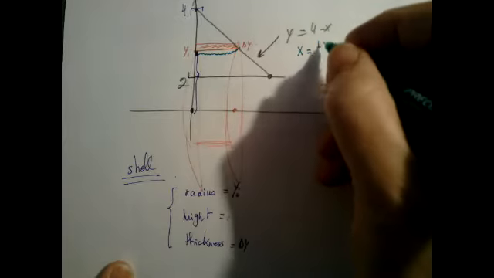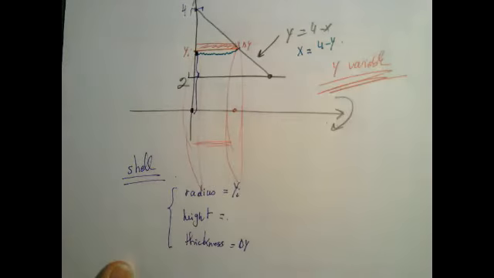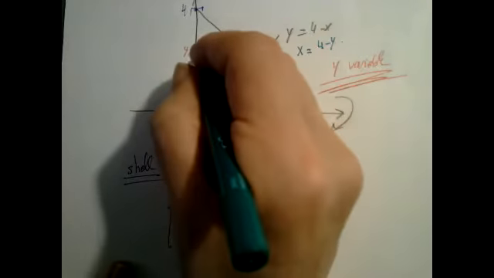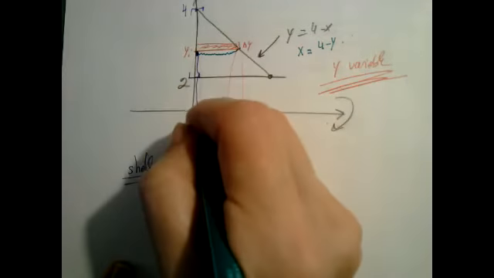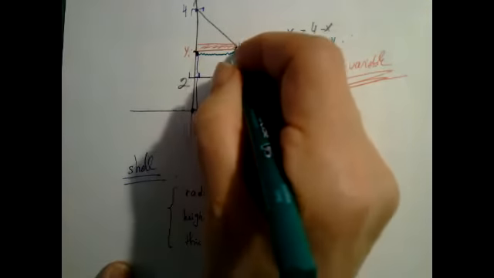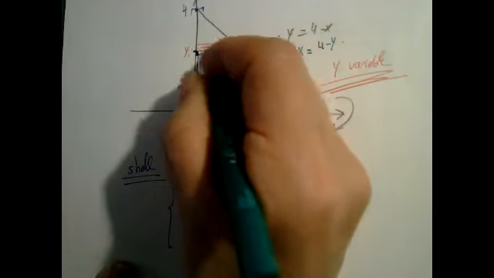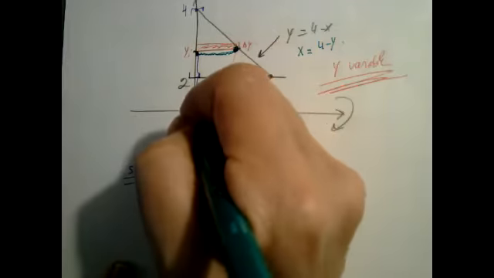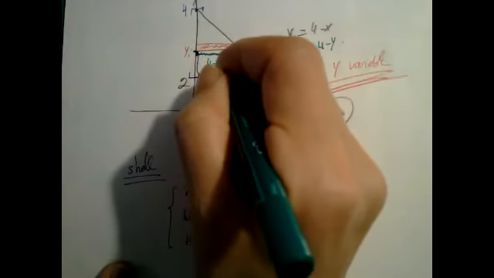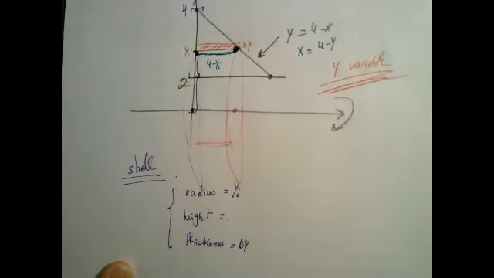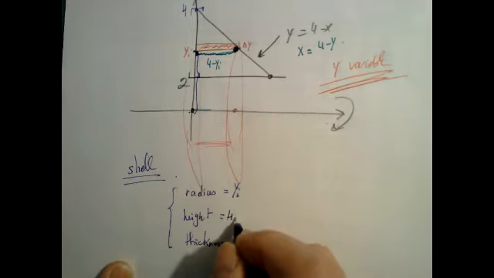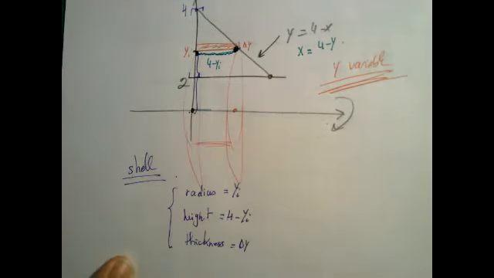X is 4 minus y. We need a horizontal distance. It means this is yi. I need the x that corresponds to this yi because this point is on this line. So from here to here, it's the x that corresponds to that, which is 4 minus yi. So that's the height. It's not hard either way, actually. It's really easy both ways.